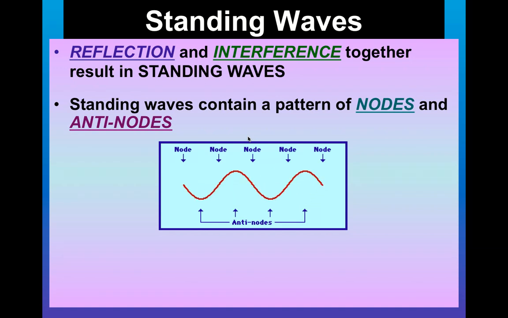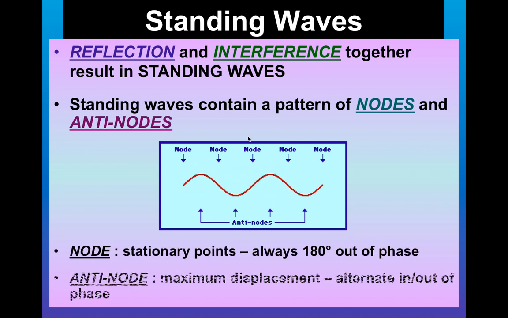An antinode represents your crest or your trough that is made from the one wave itself, the original wave. So an antinode is at your crest and your trough. A node is all of the points along your equilibrium position.